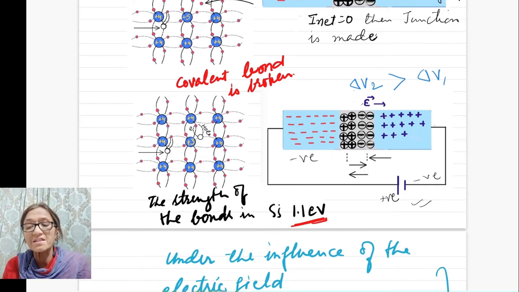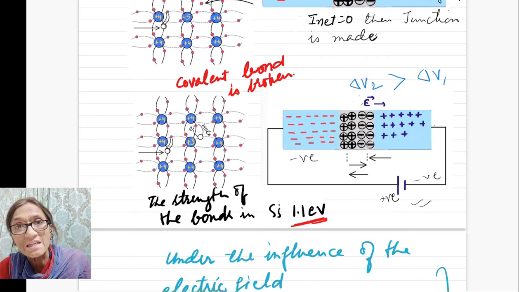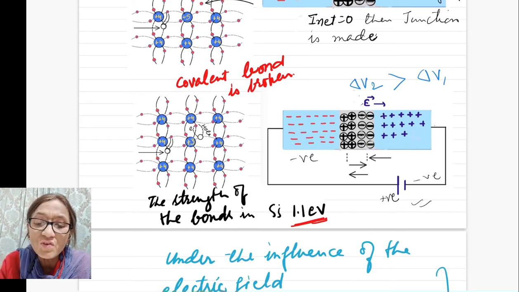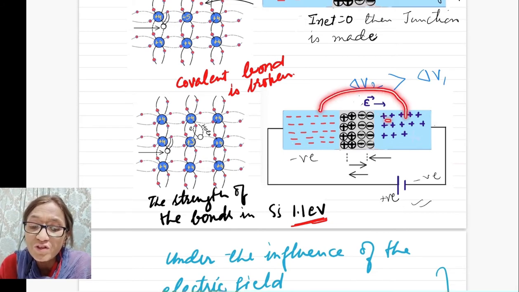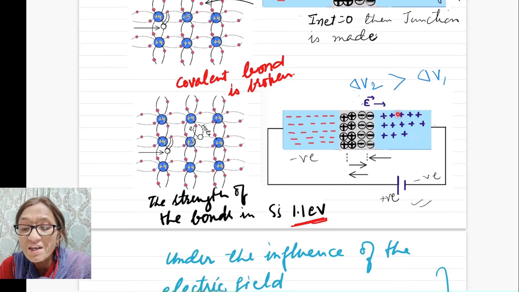Potential has increased. And this potential is not prohibiting the drift current because the charges are falling down this potential hill. It is not going up. The charges which are going up are diffusion charges. These majority charges have to go up, so they will be barred.